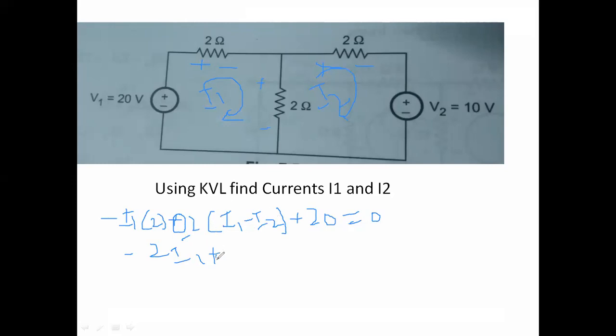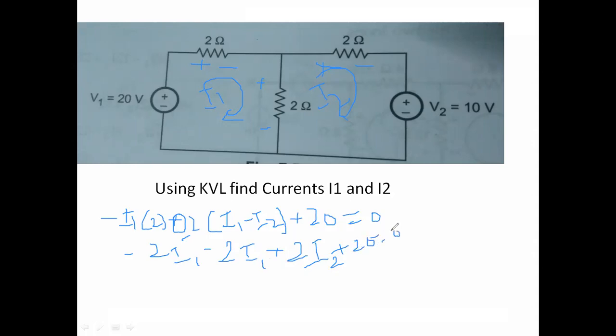So this is minus 2I1, minus 2I1 plus 2I2, plus 2I2 plus 20 is equal to 0.